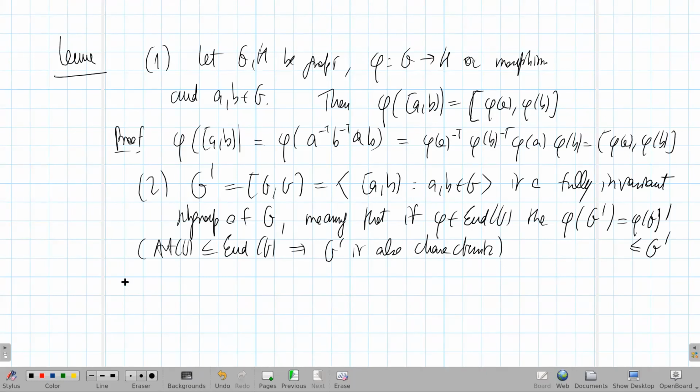Why is this so? Well, the proof is really the proof we had already seen, since the image of a commutator under phi is a commutator. This is phi of the group generated by these [A,B].